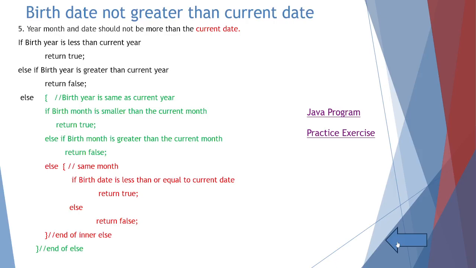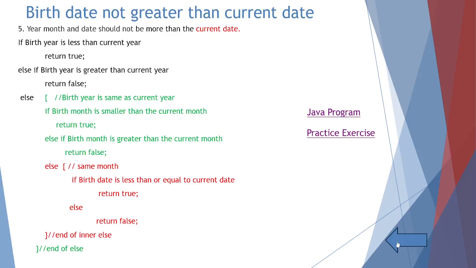If year is same year and right now March month is going on, let's assume, in that case, if a child is born in January month of this year or February month of this year, no problems. So again, 3 conditions. If birth month is smaller, else if birth month is greater, else same month.